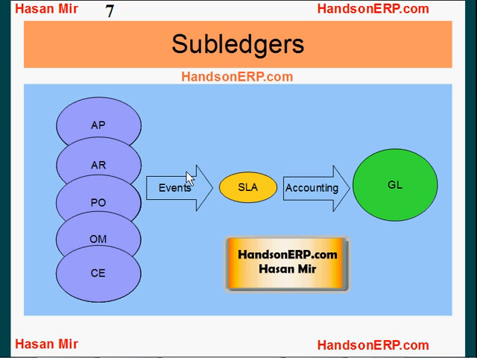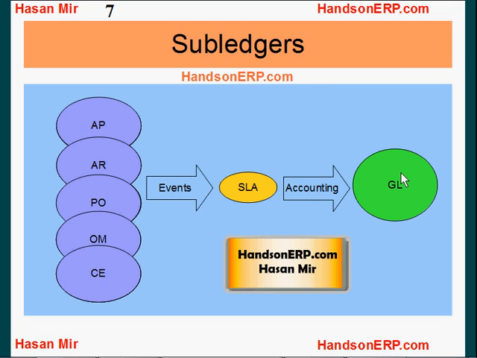So in release 12, what happens is we have a subledger accounting module in the middle. All the accounting events that are being generated from different subledger modules are sent to the SLA module, and this SLA module, based on the accounting convention, generates accounting, and this accounting is then sent to the GL module.